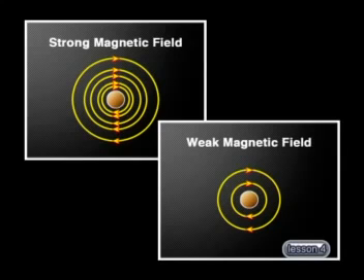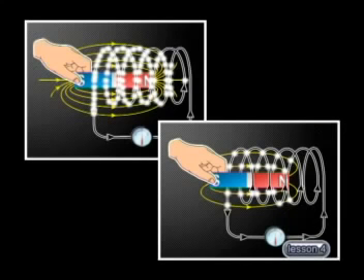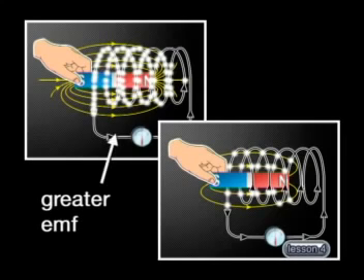Because a stronger magnet will have more field lines, it will cut through a larger area on the conductor than a weak magnet. The result of using a stronger magnet with more field lines is a greater change in magnetic flux when it moves relative to the coil. Also, a greater EMF should be induced in the coil than when a weaker magnet moves.